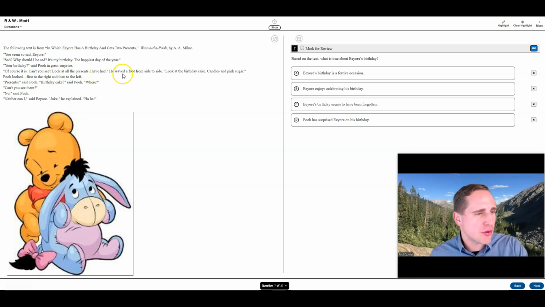He waved his foot from side to side, looking at the birthday cake. Look at the birthday cake, candles and pink sugar. Pooh looked, first to the right and then to the left. Presents, said Pooh. Birthday cake, said Pooh. Where? Can't you see them? No, said Pooh. Neither can I, said Eeyore. Joke, he explained. Ha ha.